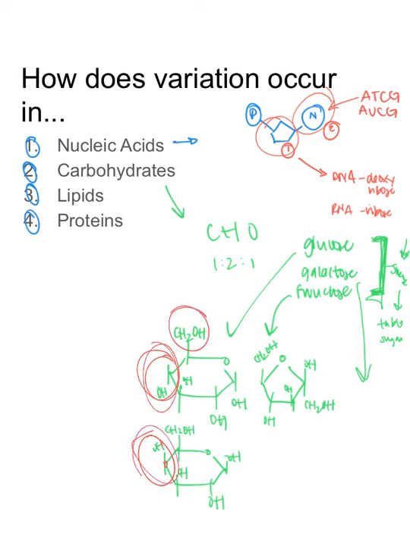We can have our alkane bonded at different parts around the carbon backbone. But just know that variation in carbohydrates occurs from varying side groups attached at different positions along the carbon backbone. All right, now for lipids, I'm going to go to the next page.